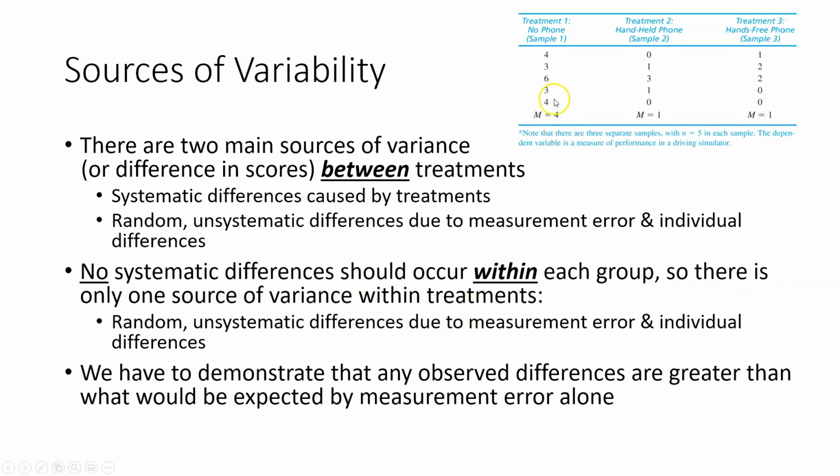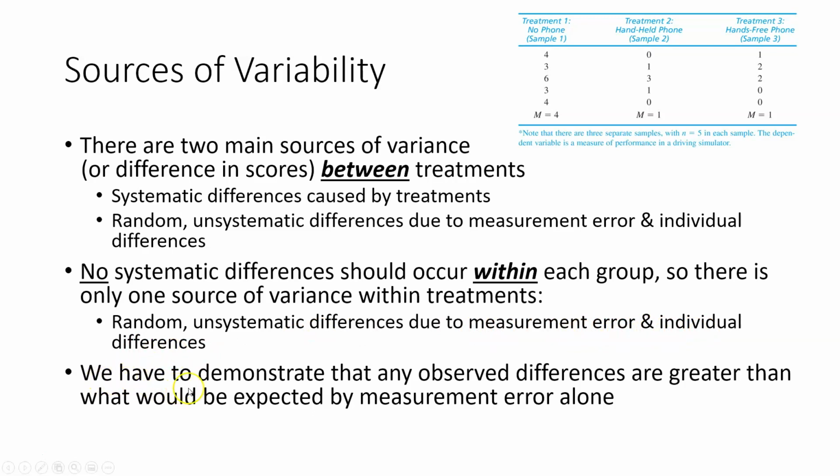That is, if we take one of these treatments and look within it, there are differences. 4 is not the same as 3. Joe is not the same as Bob, and Bob is not the same as Suzette. Anyway, these people are not the same as each other. These differences are not due to any treatment effect, though. They're just due to random, unsystematic differences that are because of measurement error and individual differences.